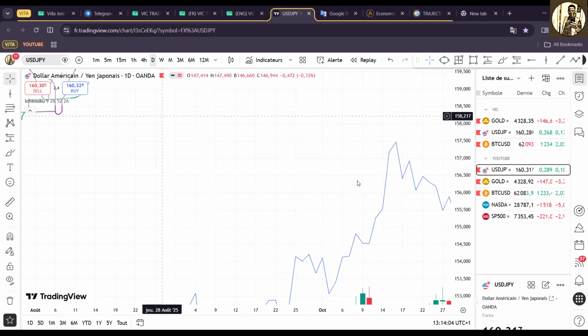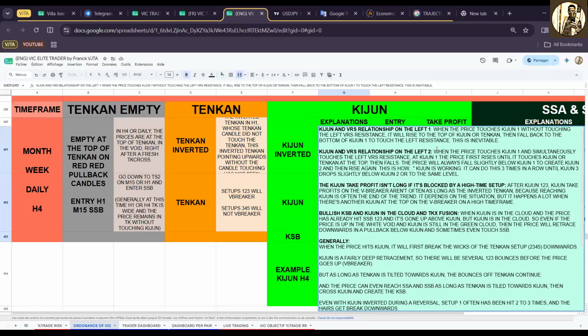So now, Kijun and various relationships too. When the price touches Kijun for the first time and simultaneously touches the left resistance, at Kijun 1 the price will first of all rise until it touches Kijun or Tenkan at the top, then fall down.